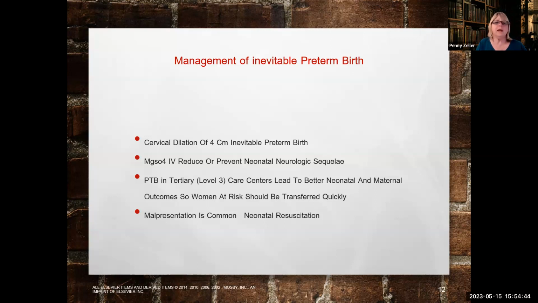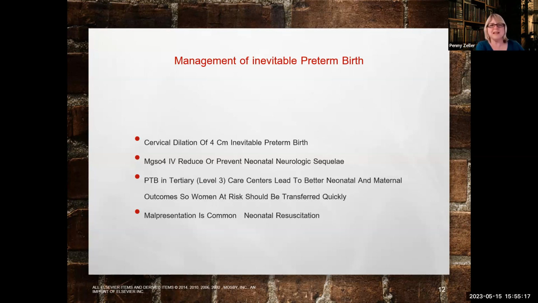So we're going to go ahead and get the magnesium started. We're going to notify, and hopefully there's a nearby tertiary care center that has the equipment that we might need, resuscitation equipment, and the trained personnel, neonatologists as well. If it's early, preterm, a lot of times that baby is not in a head down position yet.